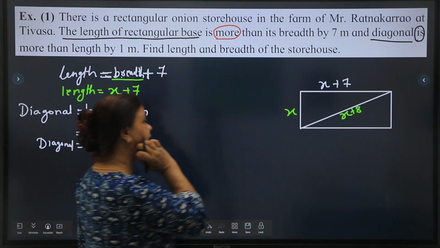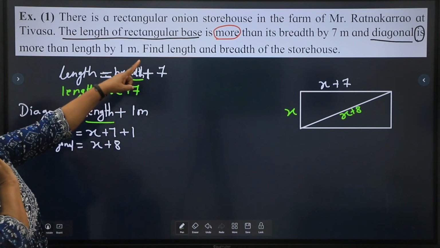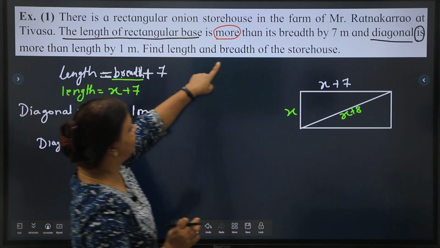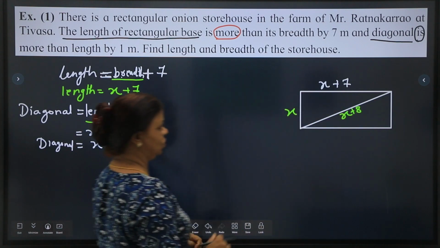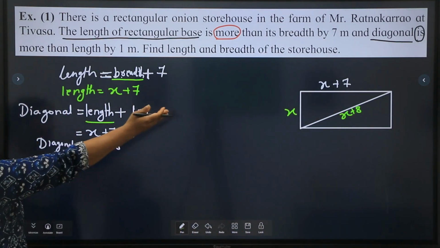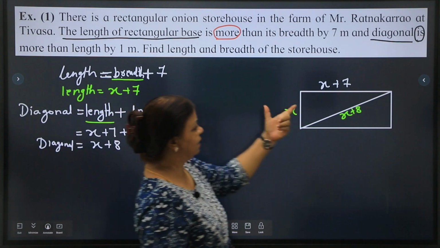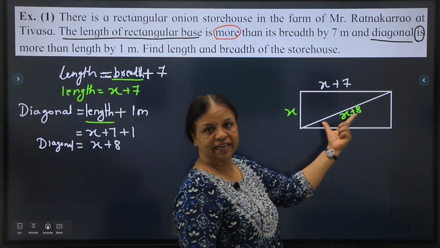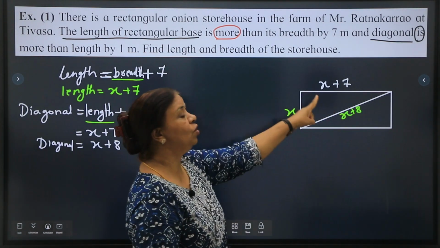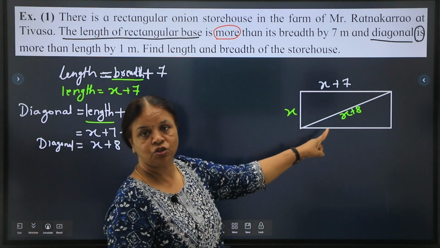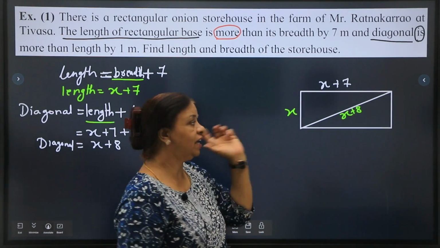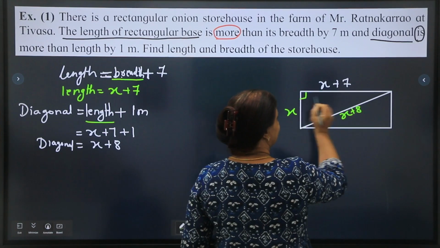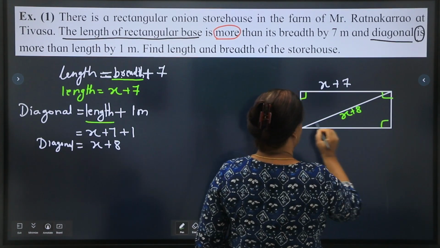Clear? And it is a rectangular storehouse. We have to find the length and the breadth of the storehouse. So children, you can see this figure, this is the breadth and this is the length and this is the diagonal. If it is rectangular, each angle of a rectangle is 90 degrees.